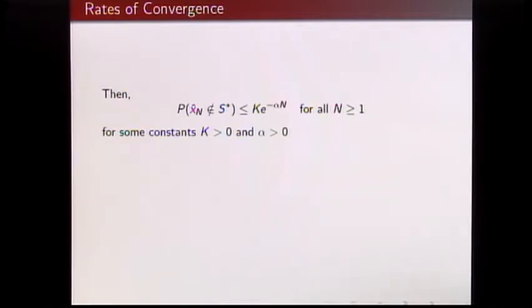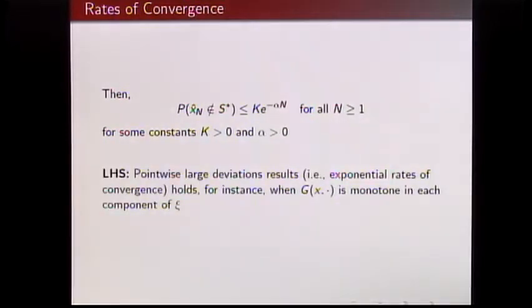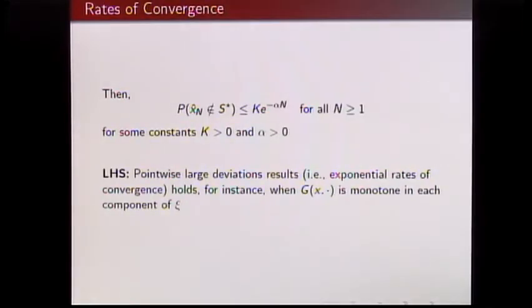So for Latin hypercube sampling, for some types of functions, G is monotone. We've seen this before. So if it's monotone in each component of C, for example, you can show that the large deviations hold pointwise, then you can actually get this for the optimal solutions of the SAA problems formed by Latin hypercube sampling.